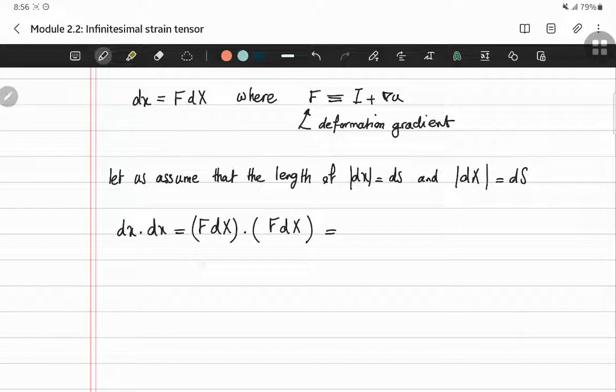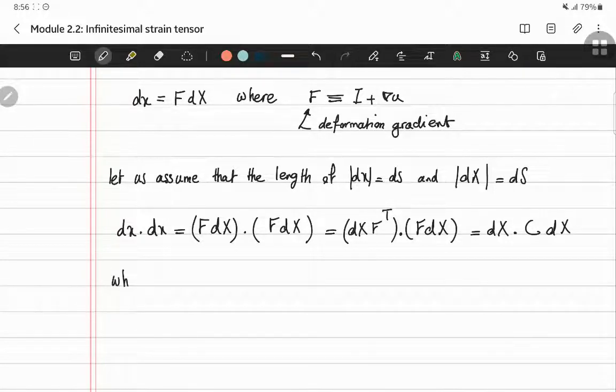I can write this as dX F transpose F dX, and this F transpose F is basically dX dot another tensor, which we call C dX, where C is the same as F transpose F.